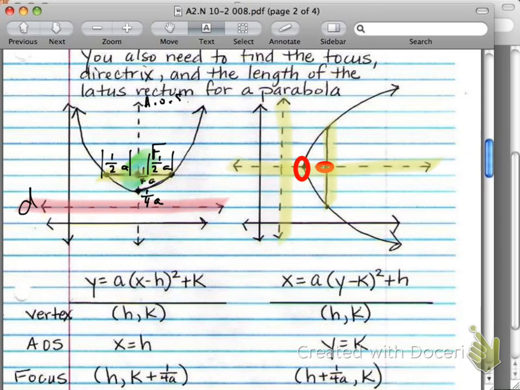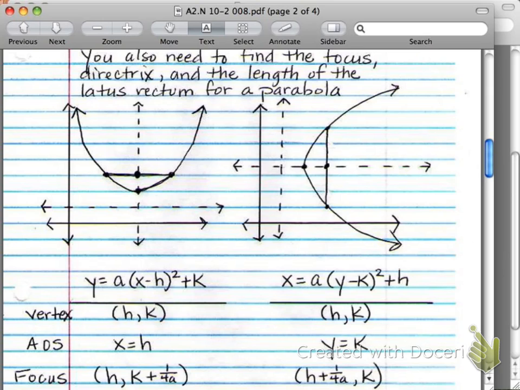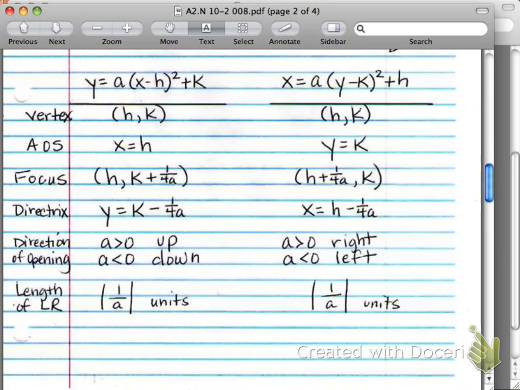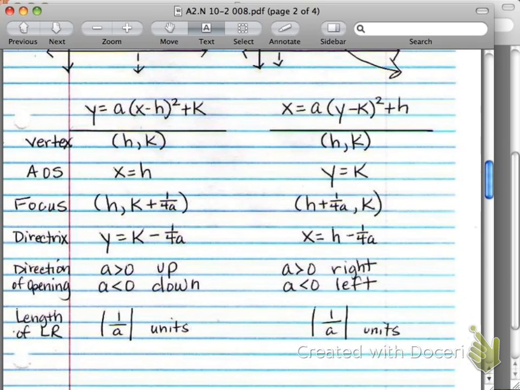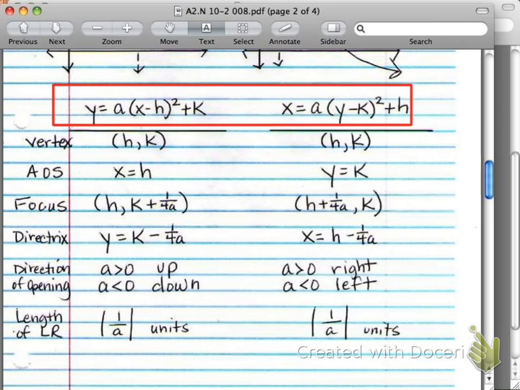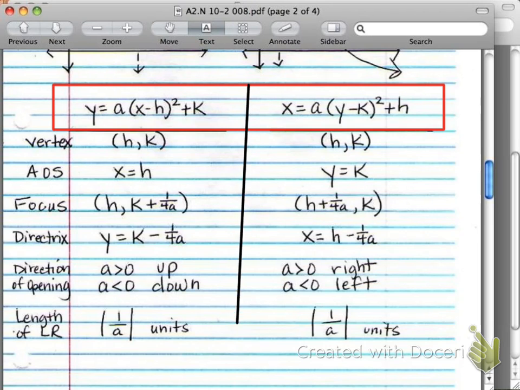Now, I'm going to go ahead and move this up a little bit so that we can see the entire chart again. Now notice on this chart, it's basically a table with two separate, distinct sides.